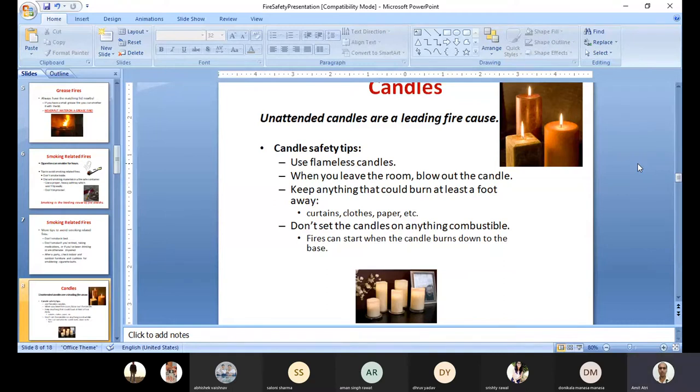So such negligence or improper management, improper placing, should be avoided. And after the party is over, like in the restaurant, when the candlelight dinner is over, then blow out the candles.